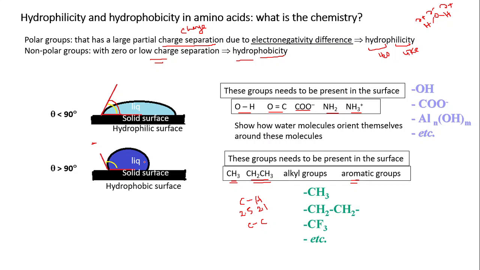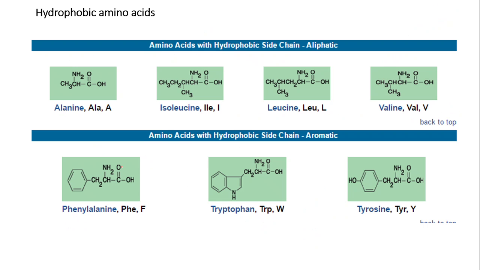If you draw the tangent of the liquid on a hydrophobic surface, it is going to be more than 90 degrees. So this angle is called the contact angle: less than 90 degrees for a hydrophilic surface, and more than 90 degrees for a hydrophobic one.